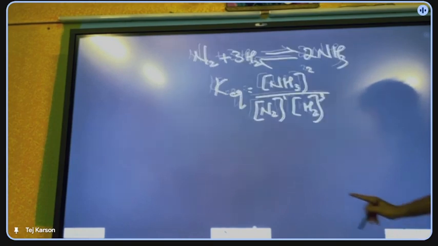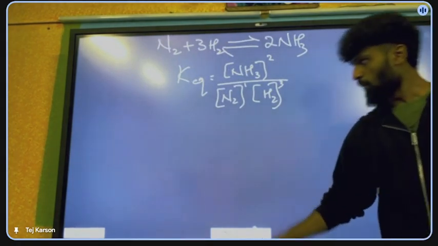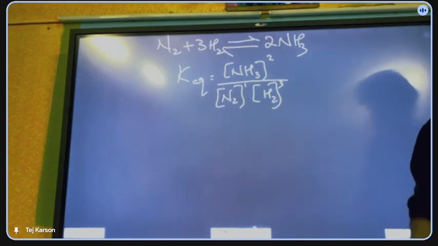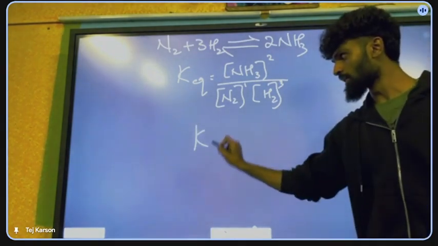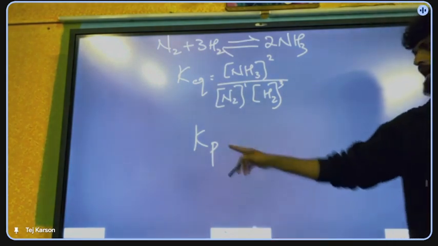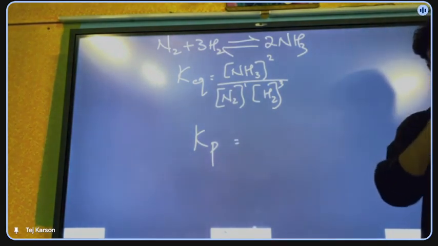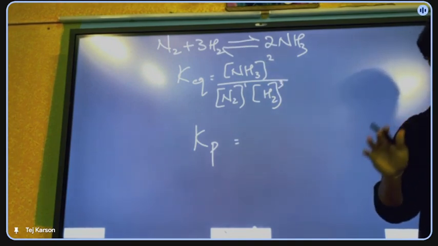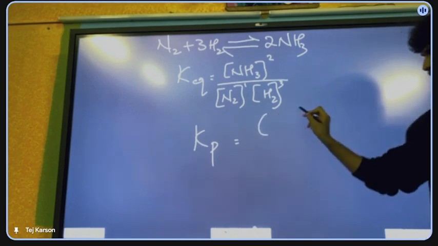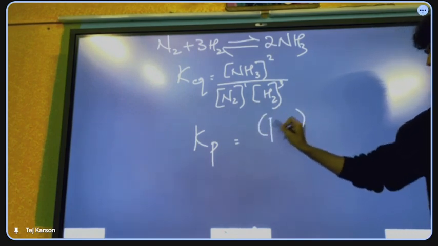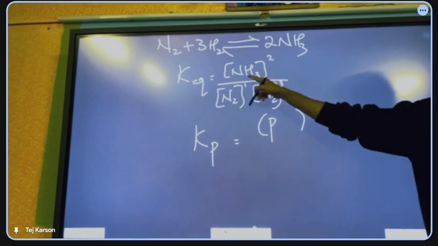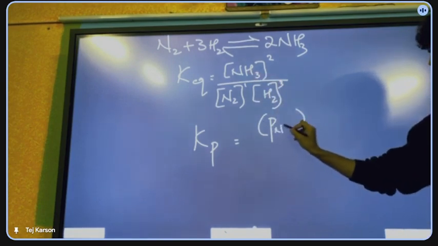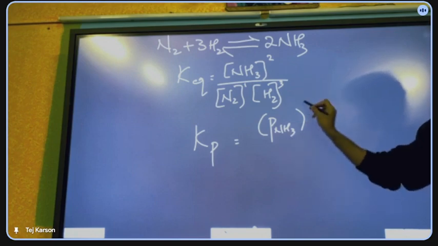Guys, now the same thing. Whatever we represent in terms of molar concentration can be represented in terms of pressure as well. How do we do it? Listen, don't write. I'll write K, I'll just write P. At pressure, first important thing: you will take off the square brackets, because square brackets have a special meaning, correct? Now you write regular brackets. You will write P with a subscript of the component, NH3 squared.